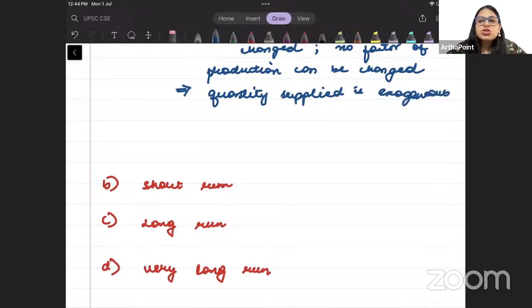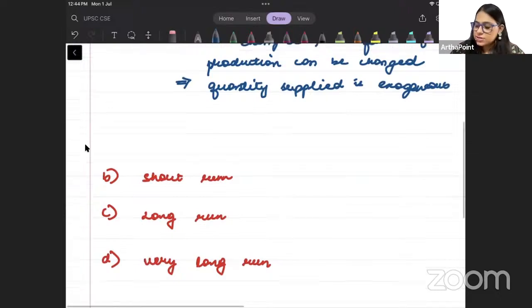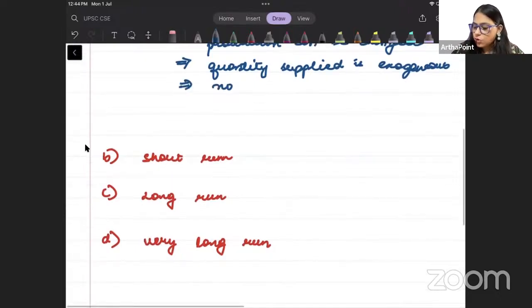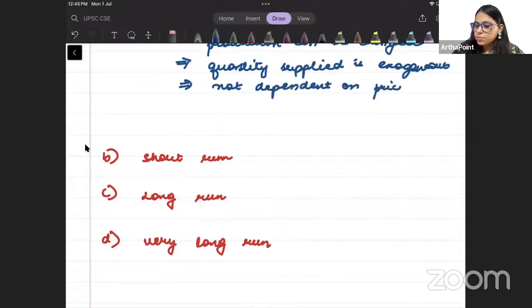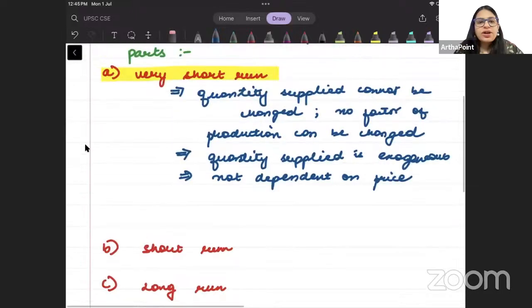It is exogenous because it is not a function of price. It does not depend on price. Price कुछ भी हो जाए, it cannot change, right? So this can be called the very short run period. इसको हम very short run बोल देते हैं.